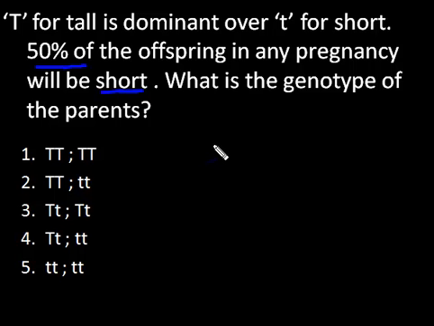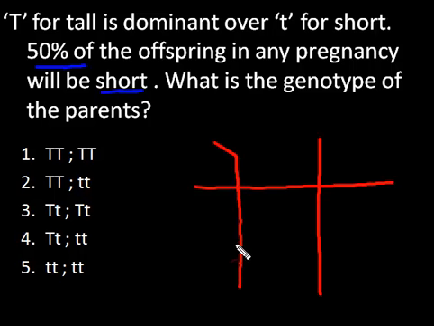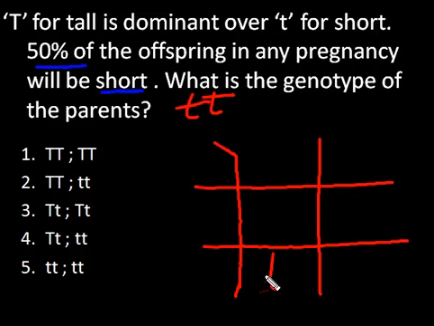Let me go back to red color, and let's make a Punnett square and work with the information we have. 50% are short, so out of 4 possible combinations, 2 will be short.